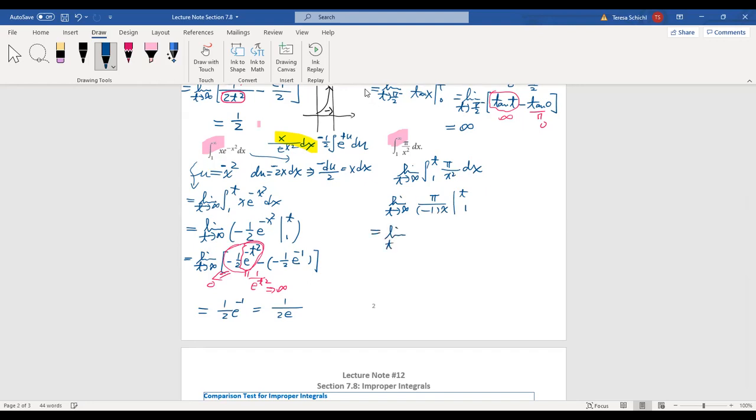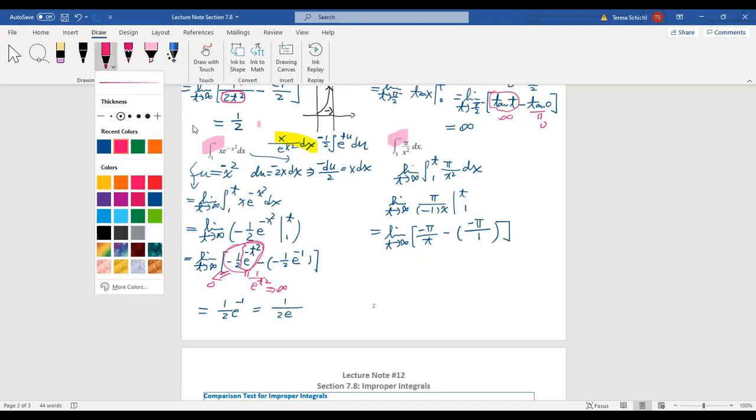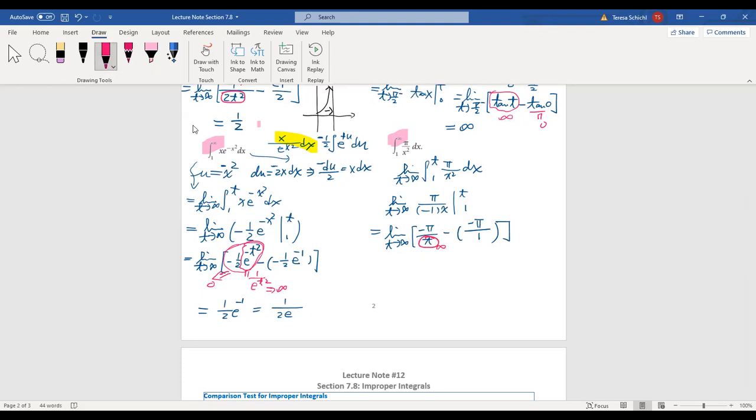All right. So now you can put this negative 1 on the top. So this will be the limit as t approaches infinity of negative pi over t, correct? And then minus, this is minus pi over 1. Because t approaches infinity, all these terms approach 0.